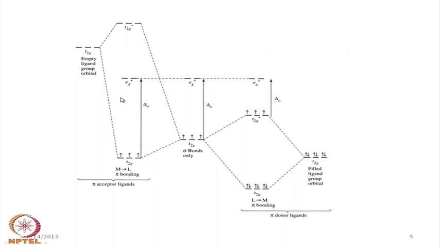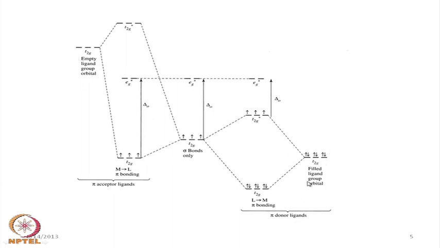And for the other one, which we have just seen, pi acceptance, the gap will increase because the T2g level is getting stabilized. It is not stabilized like in this particular case, but a little bit, due to the interaction with the empty ligand group orbitals.